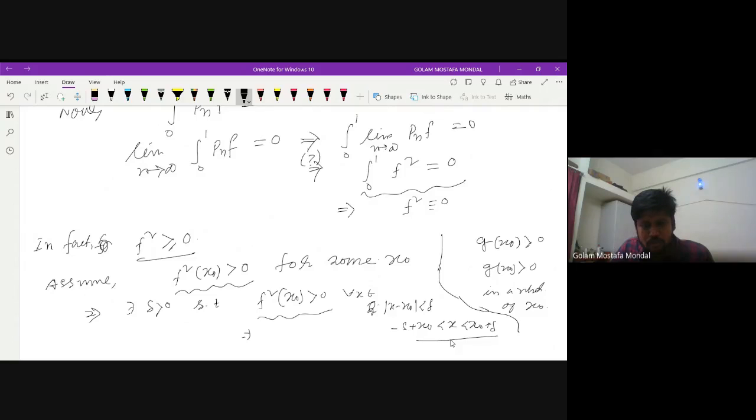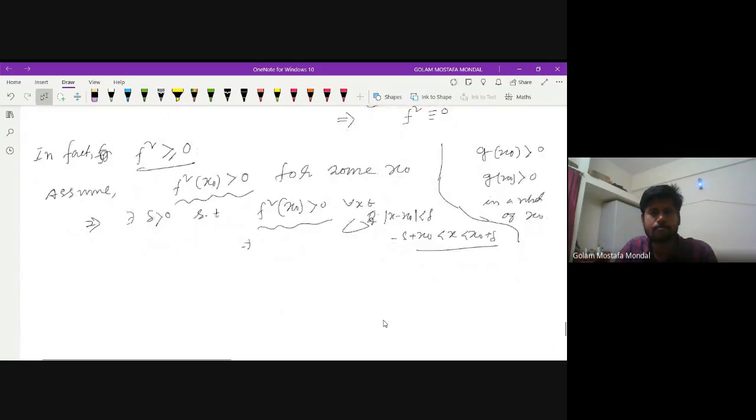So this implies the integral from x naught minus delta to x naught plus delta of f square is still greater than 0.